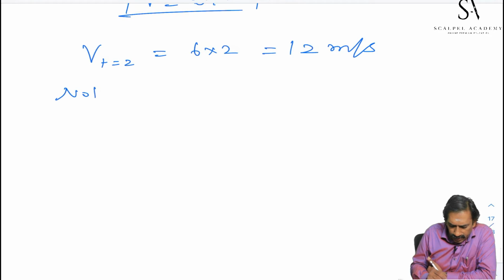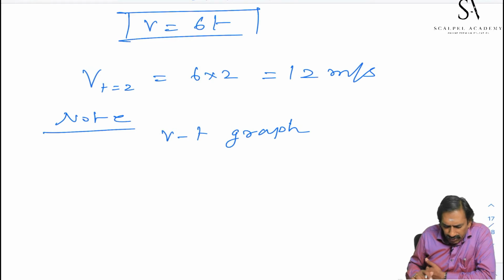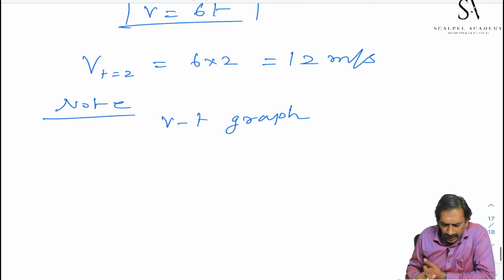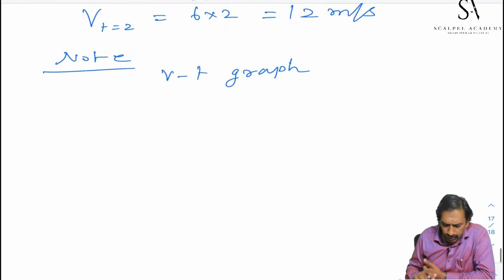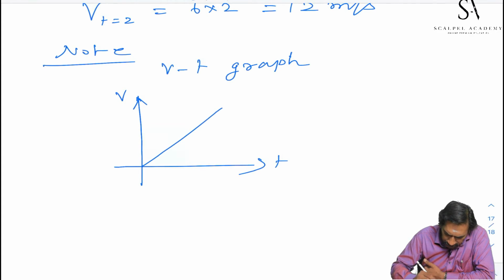Student, shall we draw the VT graph for the above? It is in the form of y is equal to mx plus c, where c is equal to 0. So, the VT graph is a straight line passing through the origin.